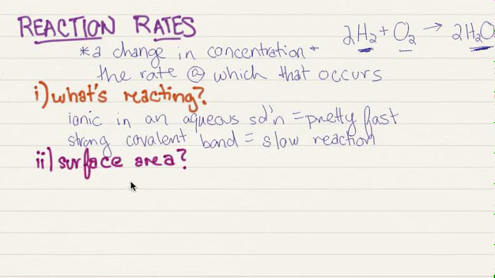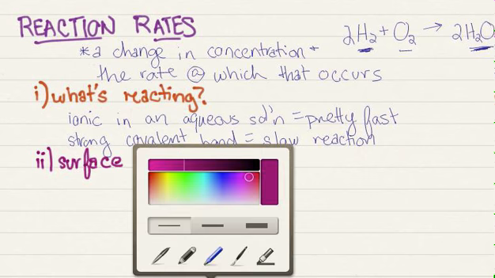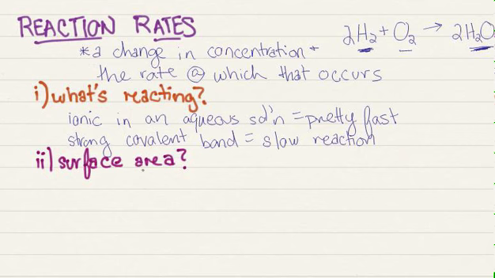Another thing you're going to want to think about is the surface area of your item. For instance, let's say you've got an onion and you're trying to cook your onion. I mean, let's face it, all cooking on some level is chemical reaction, right? I apologize in advance for my drawing. As you all know already, I'm awful at drawing, right?